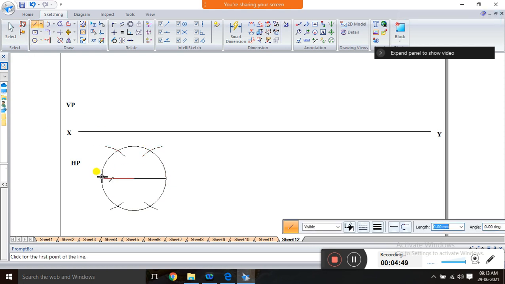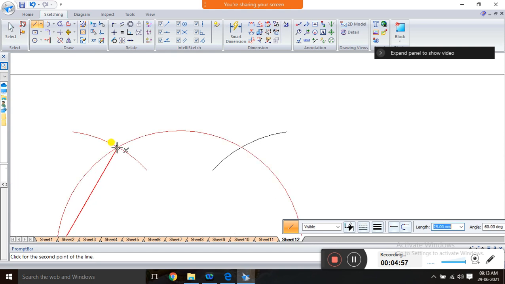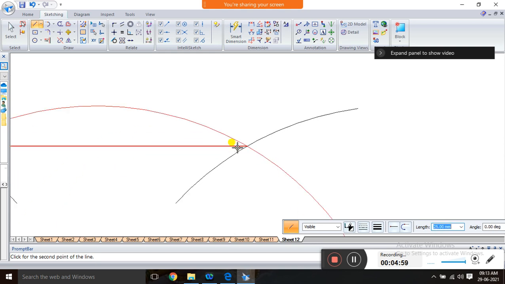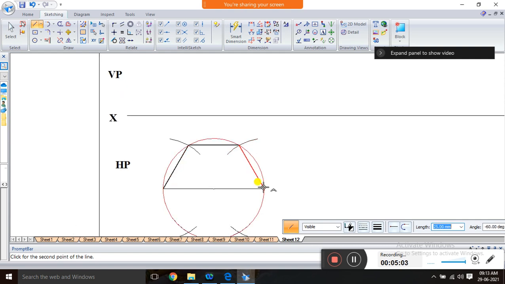You just join those 6 points and you will get the final hexagon. See, exactly the intersections, like this you have to join.